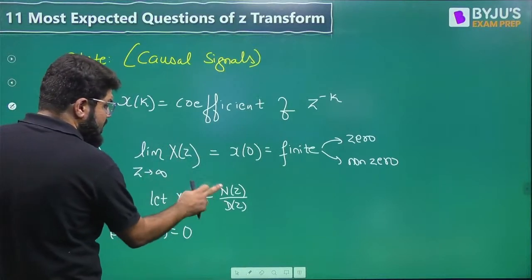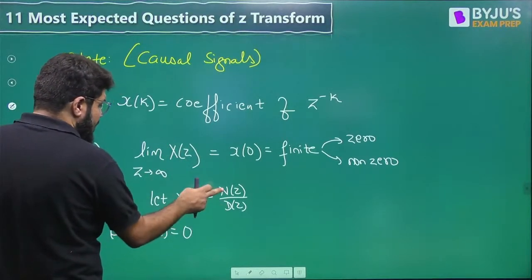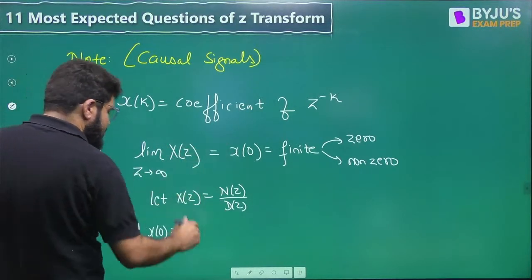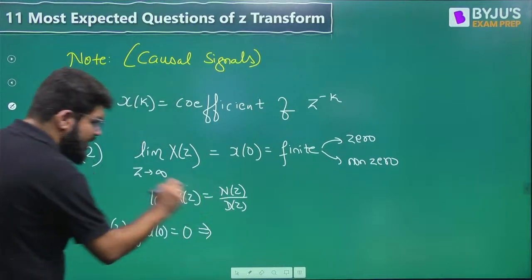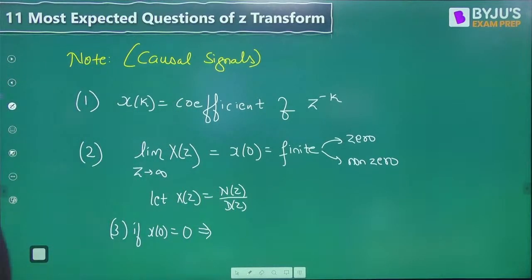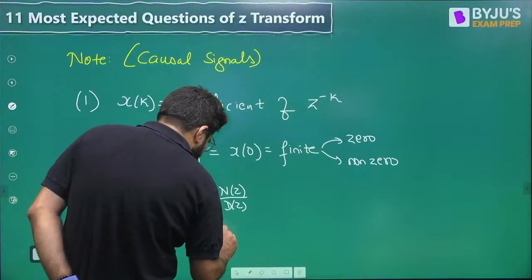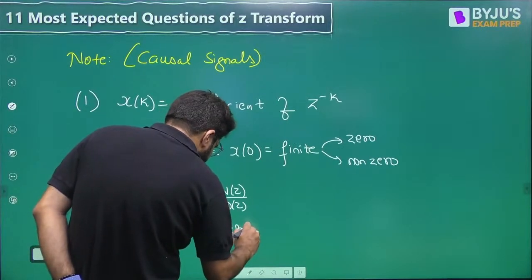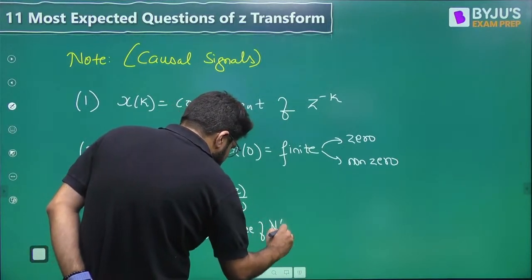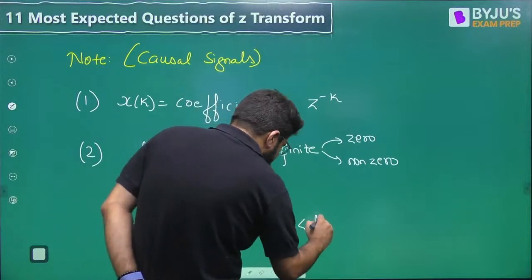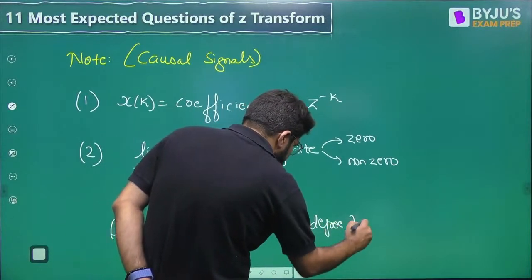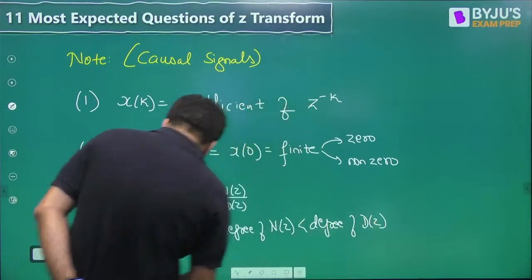For a ratio of polynomials, if the limit z tending to infinity converges to 0, then the degree of the numerator is always less than the degree of the denominator.